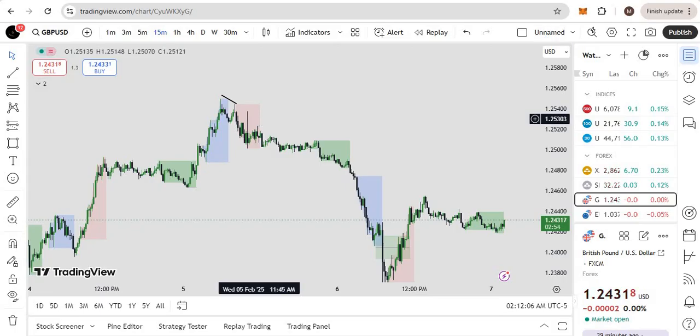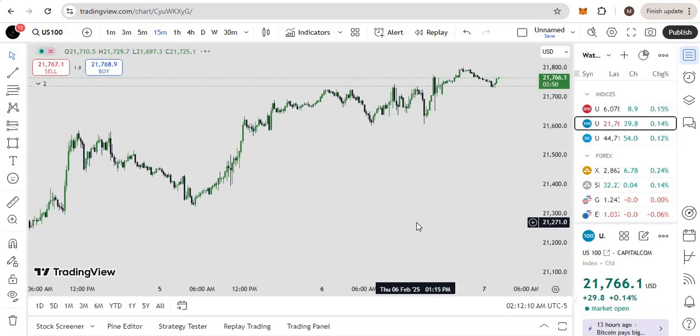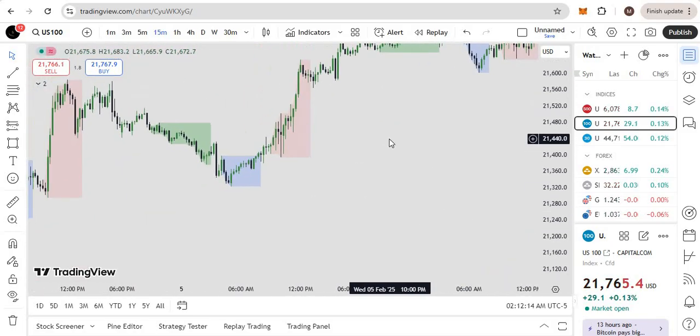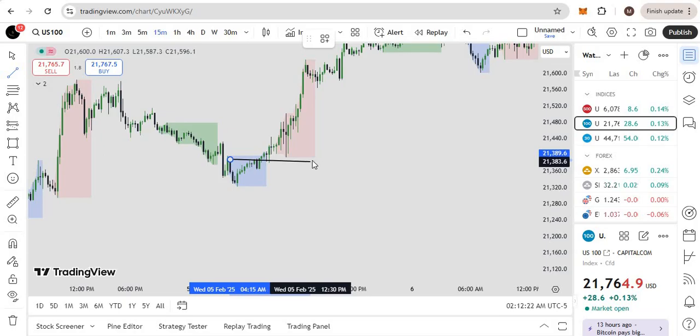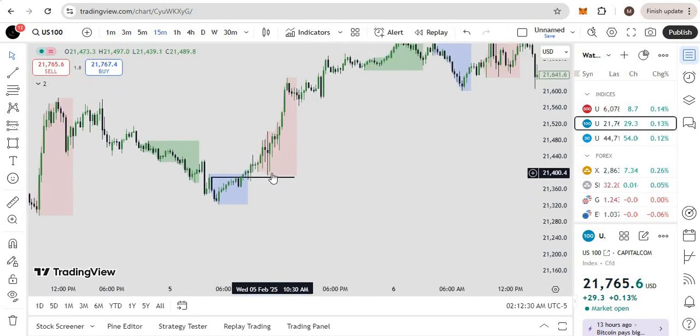Okay, let's go with US 100 and US 500. If you see here, we have this order block, right? Okay, key time. Low here, swing points everywhere. It did not come to that order block, right?